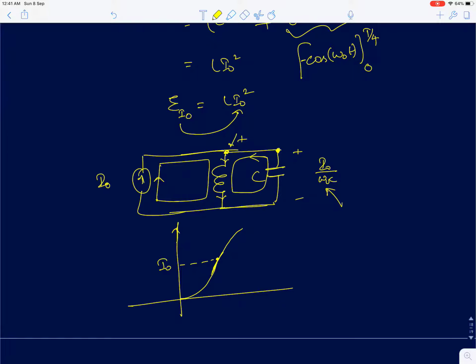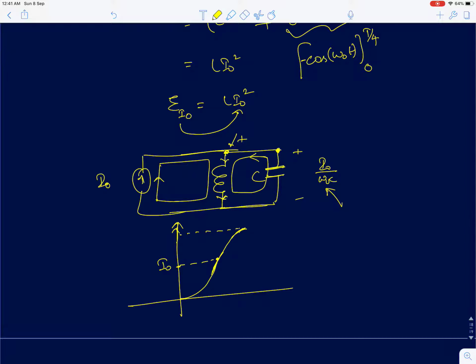So we can very easily compute what is the current that this voltage across the capacitor would have caused to flow across the inductor.